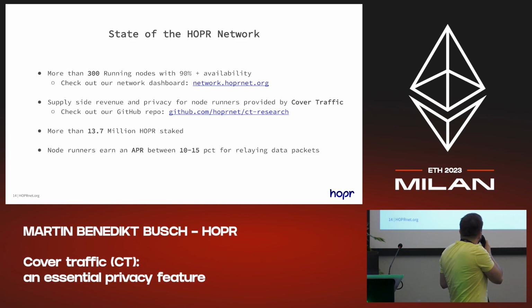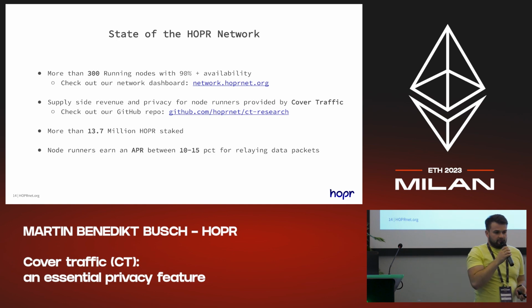Since the CT app has been running for 2 weeks now, we provide supply-side revenue for the nodes in the network, and privacy, by cover traffic. Like I said, you can check out the code at our GitHub repo, /HOPRnet/CT research. We have currently more than 9 million HOPR tokens staked in these nodes.